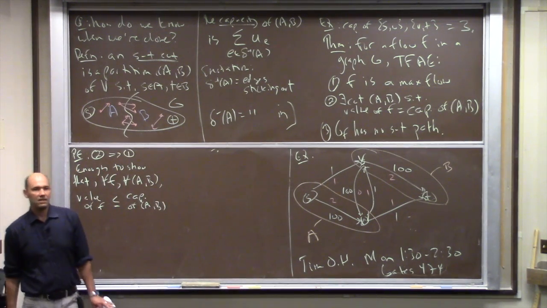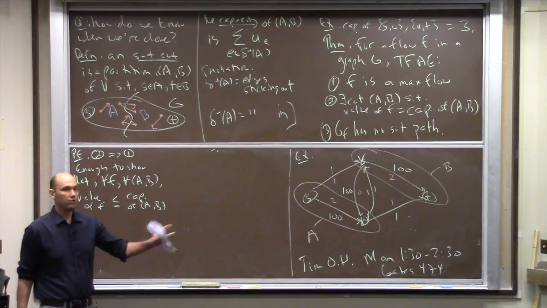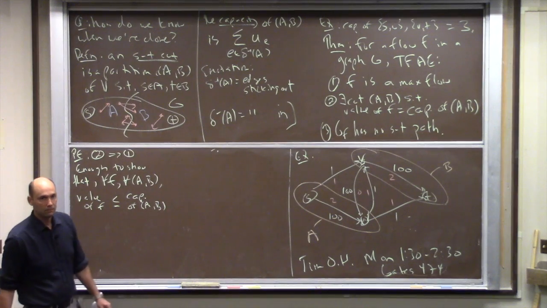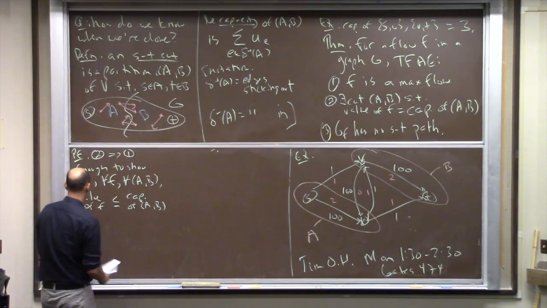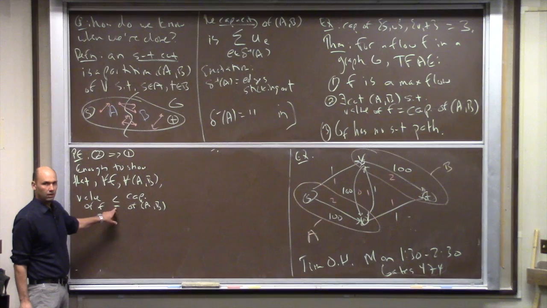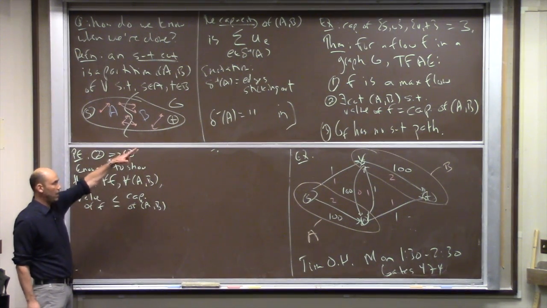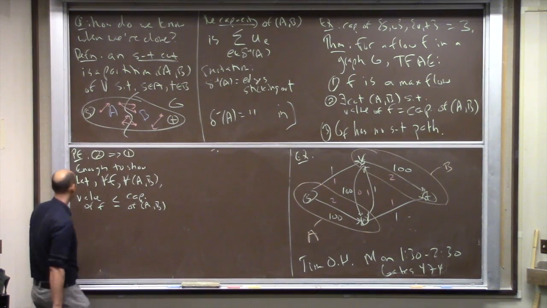That is, any ST cut of a graph bounds above the value of any flow in the graph. Okay? So that's the assertion. So I need to just show 2 things. First, I have to argue this is true. But secondly, just take it on faith for a second that this is true. Let me just point out why that implies the desired implication.